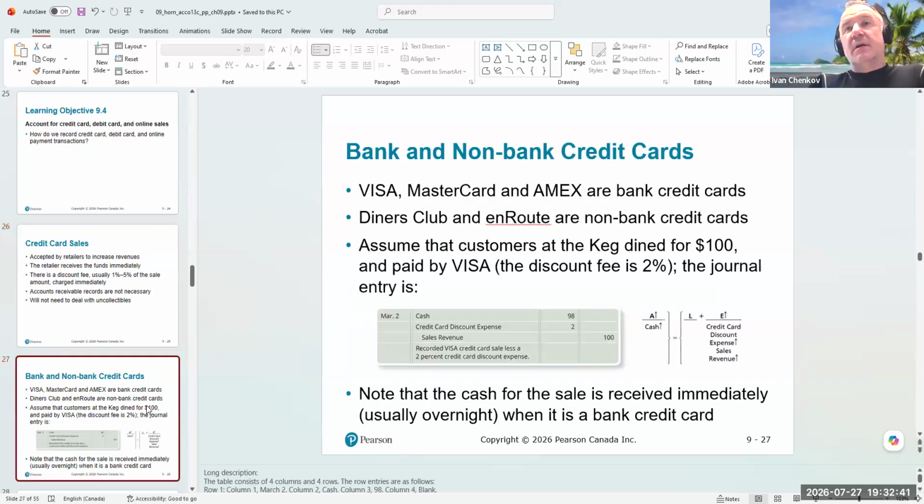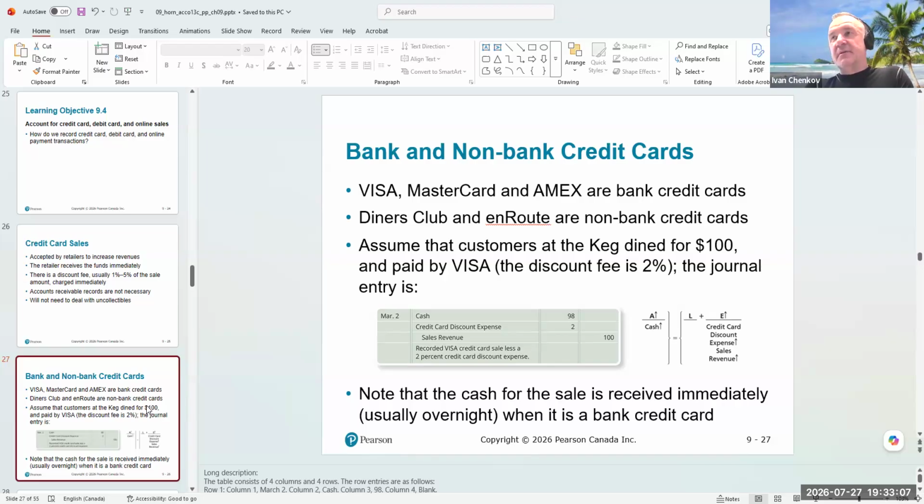So how is this going to work? Now, if you don't charge this, then once you process the Visa payment, if the sales are for $100 and the client pays with Visa, which charges you 2%, then the cash that you're going to see will be less than $100, less by 2%.